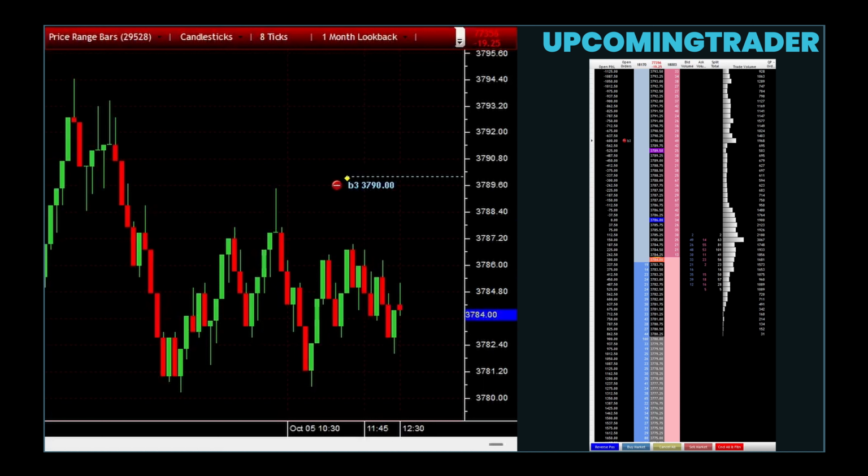Falling 3 methods. As the bearish counterpart to the rising 3 methods, this pattern signals a continuation of a downtrend rather than an uptrend. It consists of a long down day, followed by 3 small up days contained within the range of the first day, and ends with another long down day.